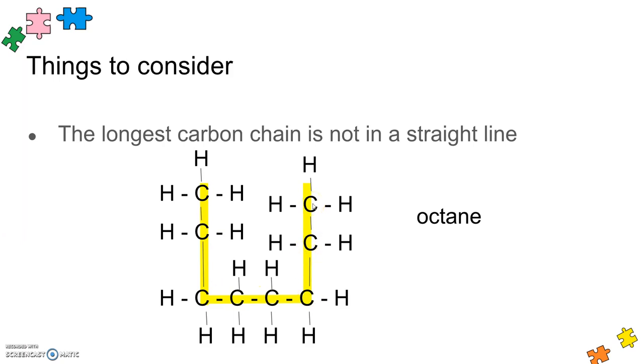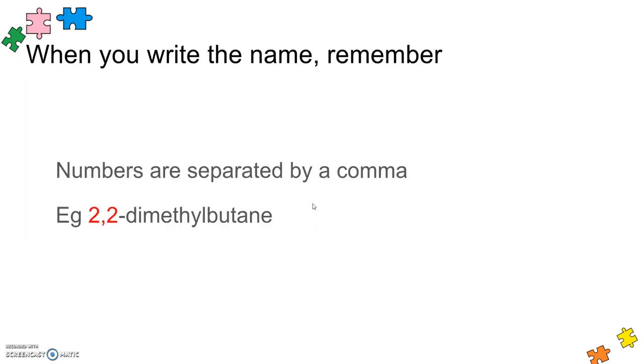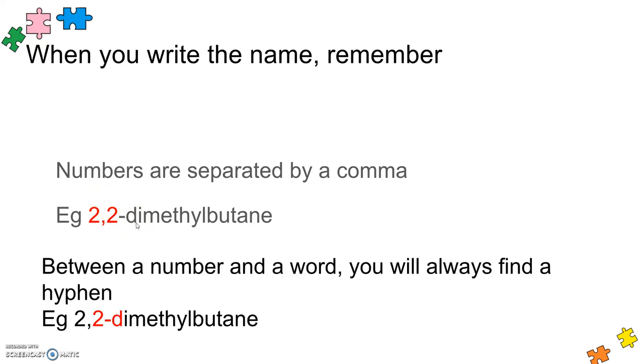So the name for this organic compound is octane. As I suggested earlier, when you write the name of an organic compound, always remember that your numbers are separated with a comma, and the numbers and letters or numbers and words are separated with a hyphen.